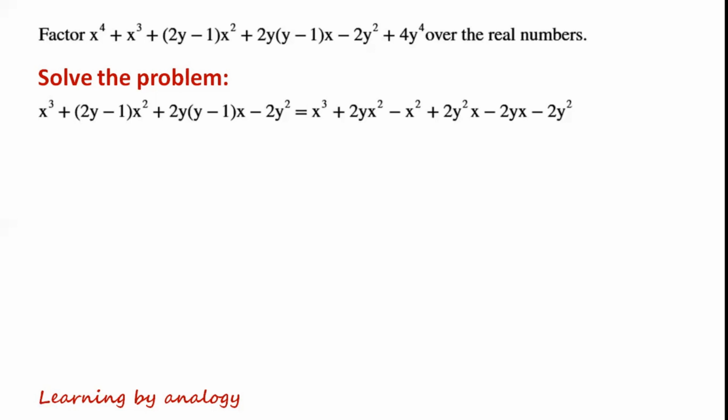We can simplify this algebraic expression by expanding some of the terms. So we have x cubed plus 2yx squared minus x squared plus 2y squared x minus 2yx minus 2y squared.